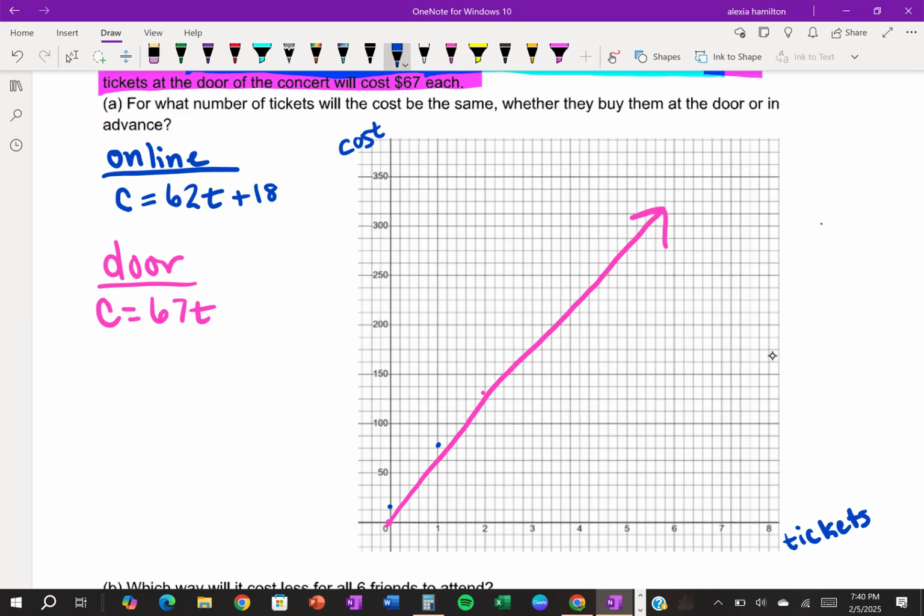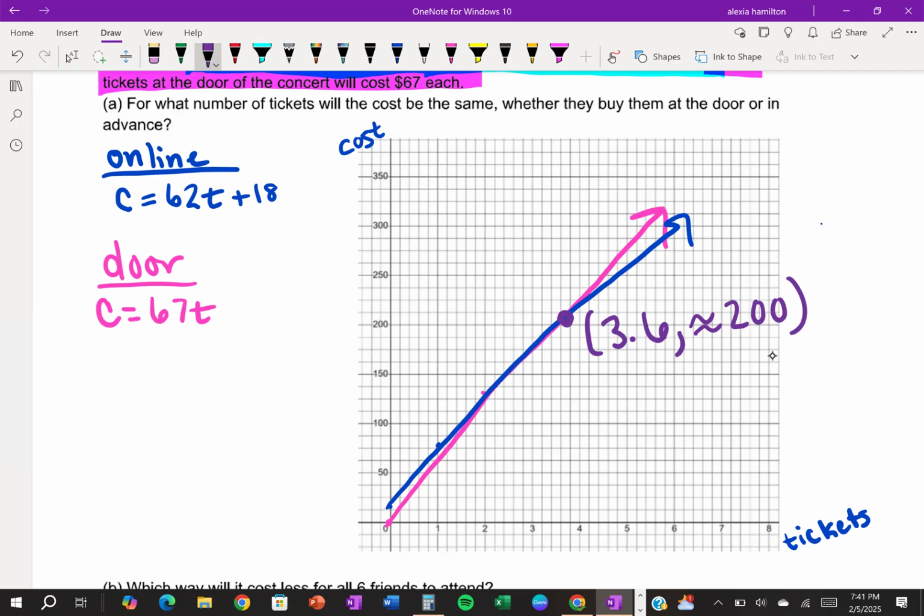They're going to cross exactly at 3.6. And we're going to say it's about $200 because I don't want to guess.